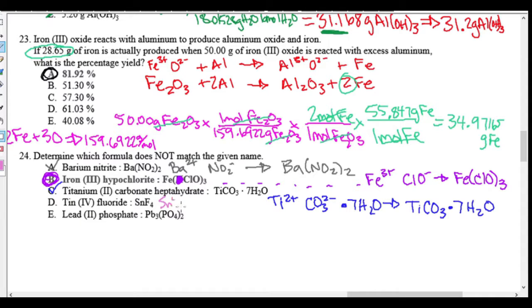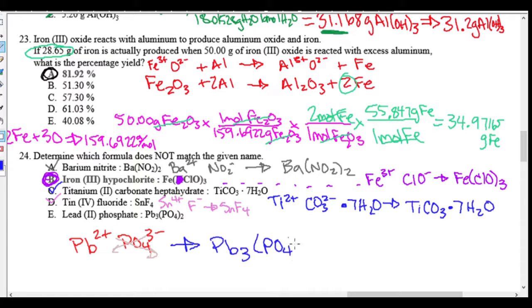It's Sn4 plus, F minus. So when we put those together, it's SnF4. Checks out. And our last guy over here, lead 2 phosphate. So Pb 2 plus. Phosphate is PO4 3 minus. Let's go ahead and do a swap of the charge. You gotta make the noises or it didn't really happen. We have Pb3(PO4)2, and that checks out.